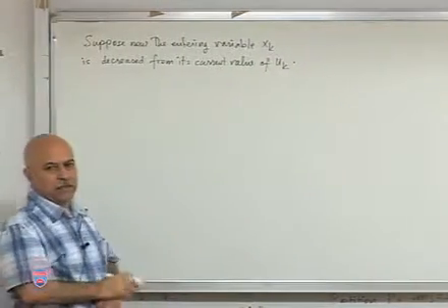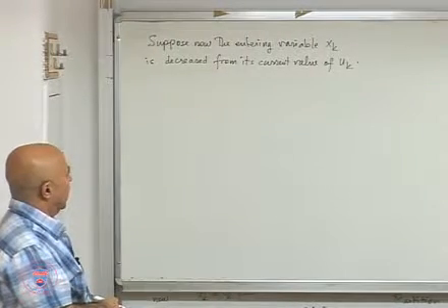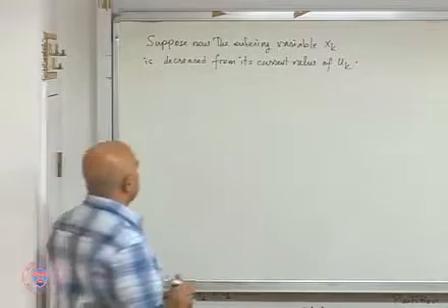So this is the second situation. Xk is non-basic at its upper bound. You are going to decrease it.